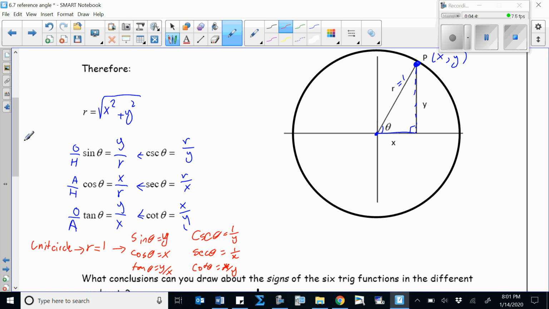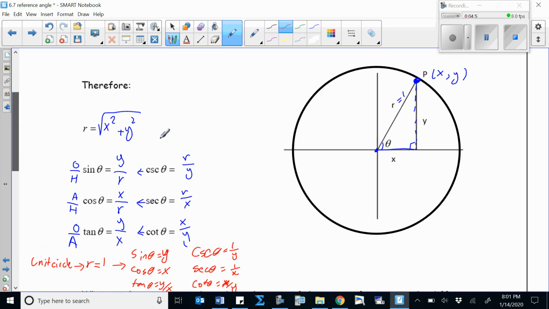Basically, what I'm trying to say to y'all is that if you have a unit circle and a point on the unit circle that has coordinates as x and y, this x is actually cosine of theta, and this y is sine of theta. So I can rewrite the coordinates as cosine of theta and sine of theta.